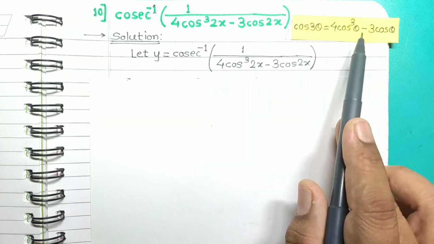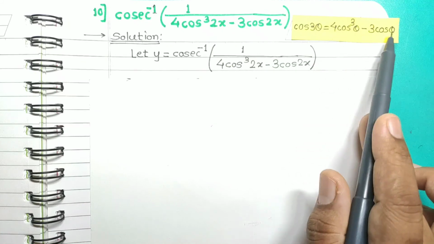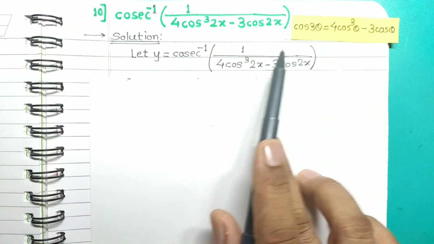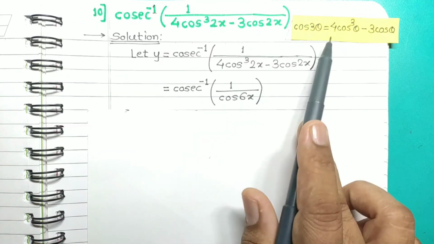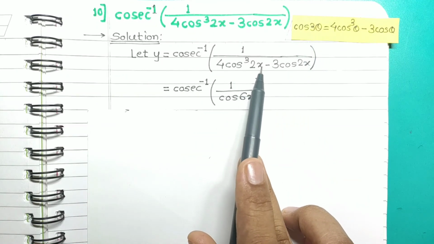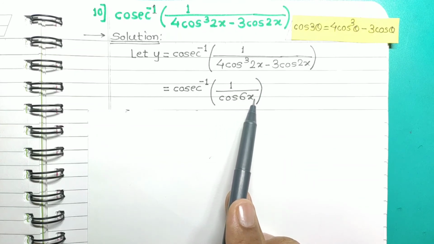So these terms are like 4 cos cube theta minus 3 cos theta, so this conversion is cos 3 theta. So here we are going to convert this denominator to cos 3 theta. Here theta is 2x, so we have cos of 3 into 2x, which is 6x.